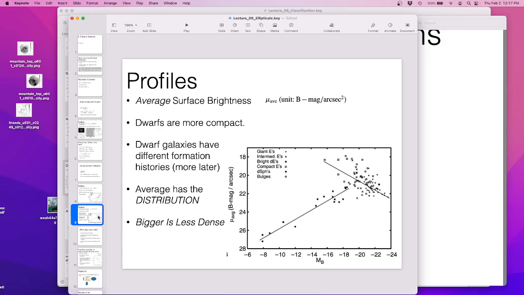Bigger is less dense. This is an important fact. One of the things that this tells us is that these things merge. As they grow, they also grow in energy. Because the size of the galaxy is determined by its total energy. Remember, v squared equals GM over R.